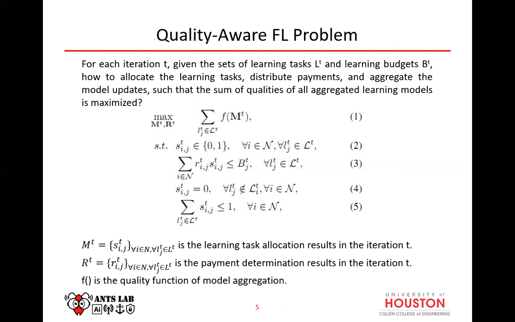But that's a sum of the loss function, if my understanding is correct. Or they have a definition of quality. This is the definition of the quality function. Yes, this is the quality function of the model aggregation, not only the loss function.